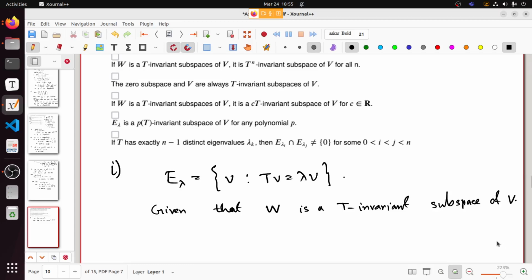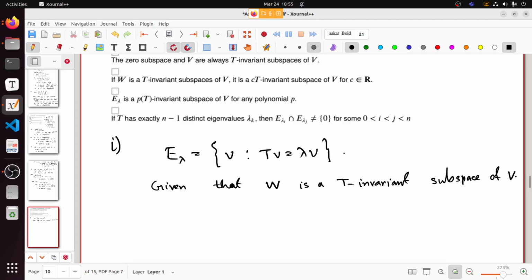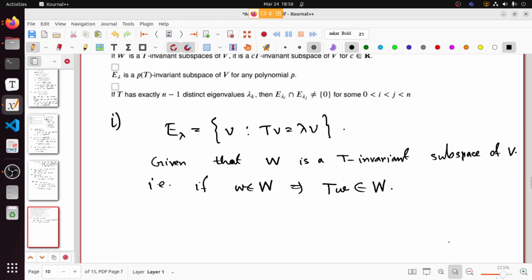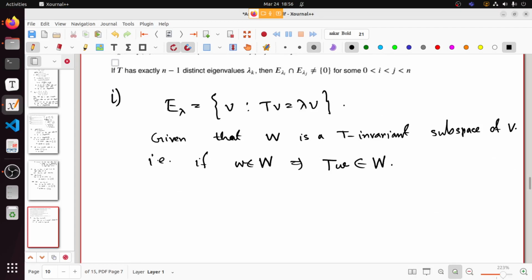So what is meant by T invariant subspace of V? It means if some vector w is in W, capital W, and we apply T over w, then it will remain in W, right? Then we call that W is the T invariant subspace of V. So you have to check here, if W is the T invariant subspace, then is it also T to the power n invariant, right? So let's check.